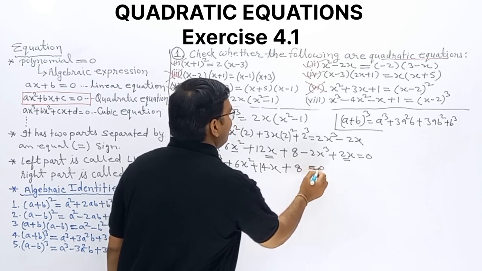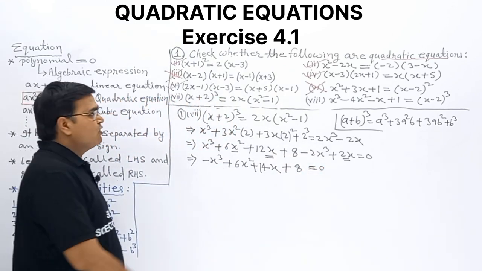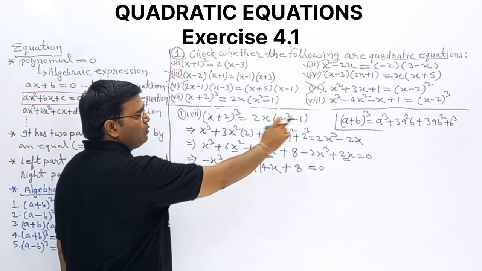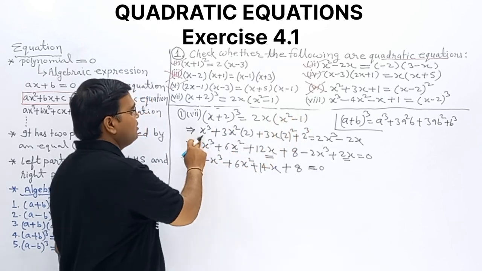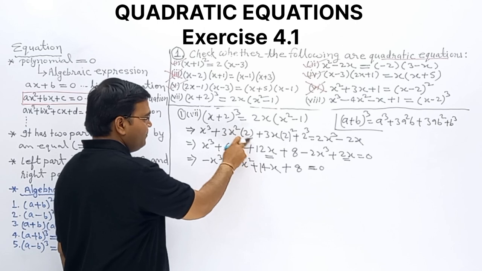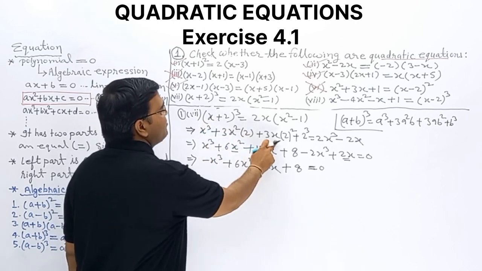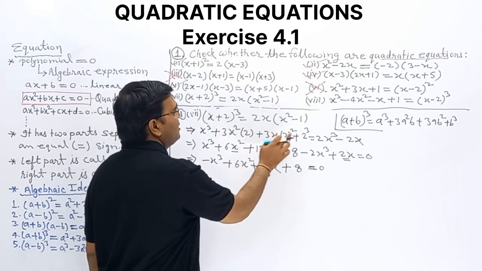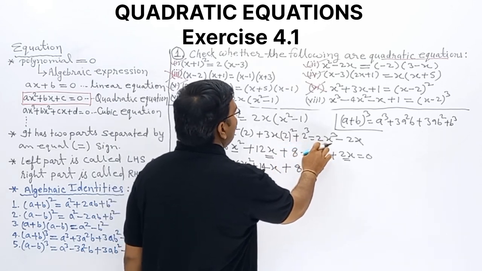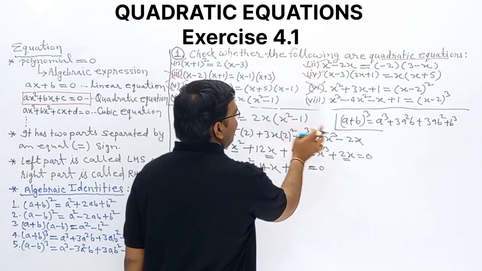Are you getting what we are doing? In this question, observe carefully. It is in the form of a plus b cube. We will use this formula: a cube plus 3 times a square b plus 3 times ab square plus b cube equal to, multiply directly, we are applying the distributive law.